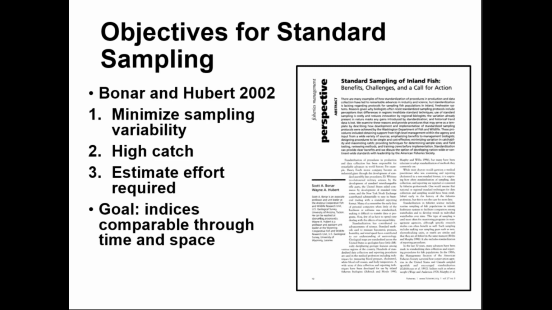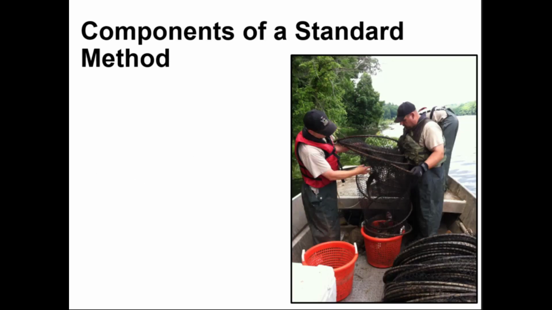So the overall goal of standard methods are to have indices that are comparable through time and space. So to meet these objectives, there are 4 major components of a standard method.